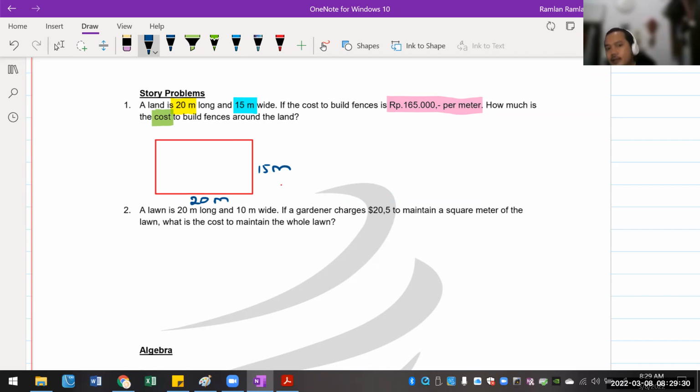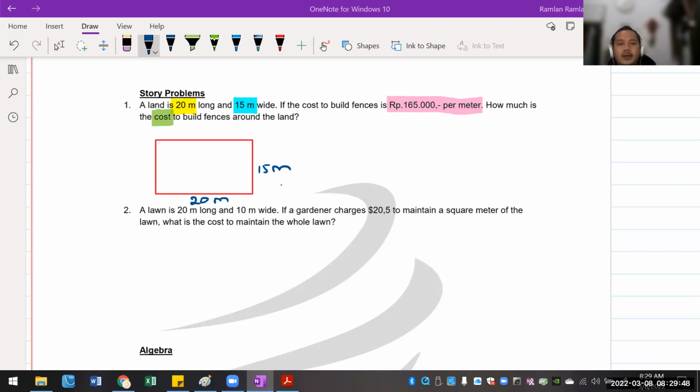You need to identify what the shape actually is. It is a rectangle. It's not a square because one side is 20 and the other side is 15, and a square needs to have all sides the same length.